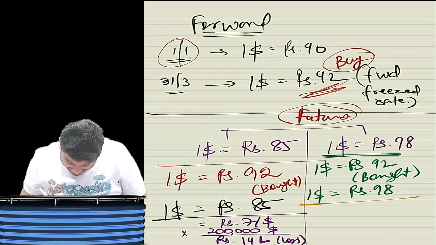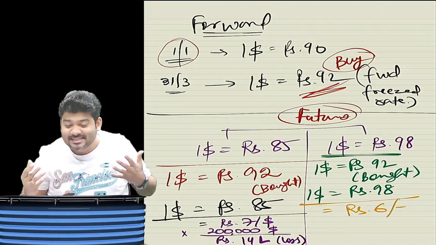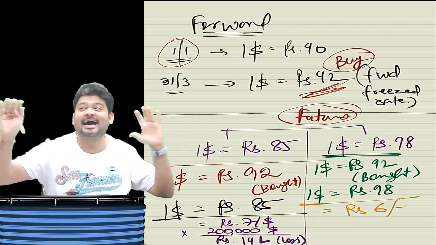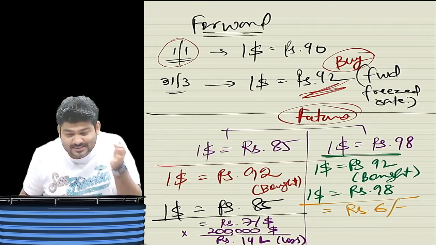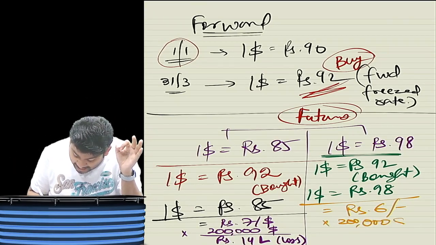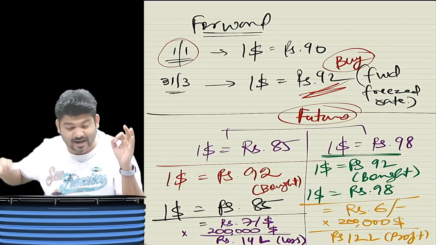Correct. Sir, good news because we have bought it at a lower price. Now the market is buying it at 98, and I have bought it at 92. Rupees 6 internal settlement, so multiply by 2 lakh. Rupees 12 lakh is my gain, or what you say is my profit.